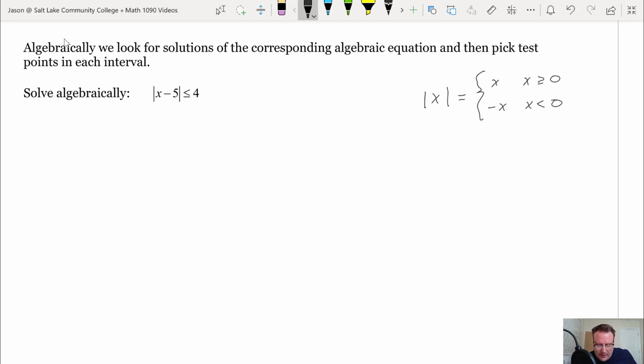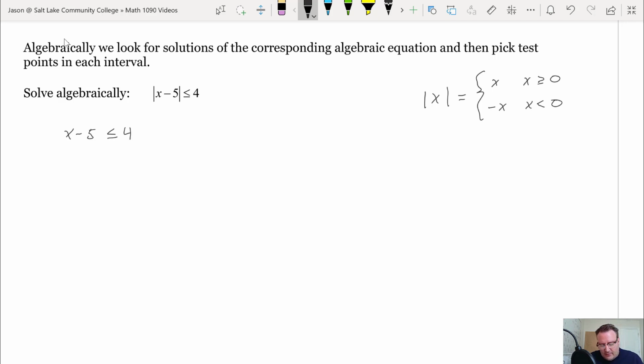So whenever I have an expression like this, where the absolute value of some quantity is less than or equal to some quantity, I can think of this as two expressions. What if x minus 5 is positive? Then x minus 5 is less than or equal to 4.